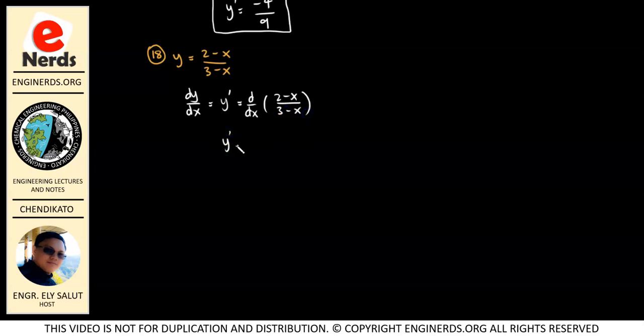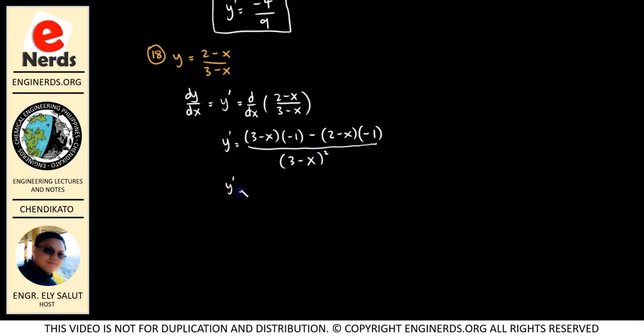So y prime is equal to, we'll copy the denominator, 3 minus x, times the derivative of the numerator, negative x, which is negative 1, minus, copy the numerator, 2 minus x, times the derivative of our denominator, which is also equal to minus 1, and then we'll get the square of our denominator.